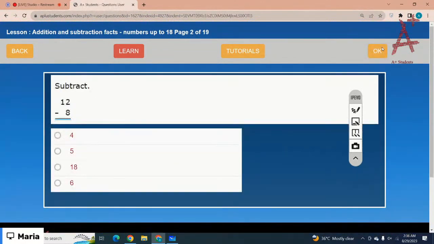Okay, 12 take away 8 equals, you have to subtract. So start with 12 and go back 4, right? Go back 8, sorry. When you go back 8, you end up on 4. So 12 take away 8 equals 4.